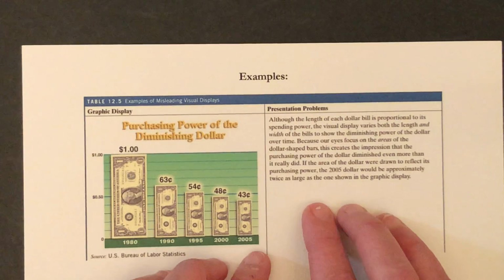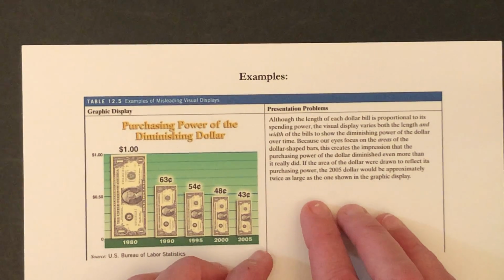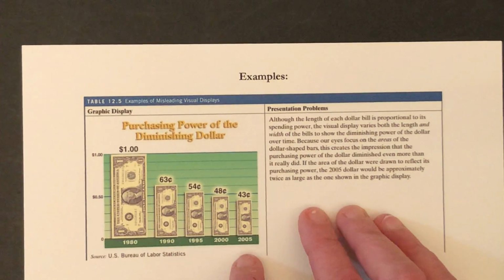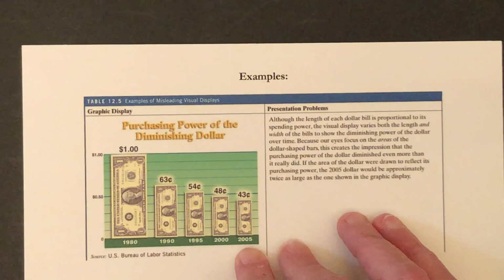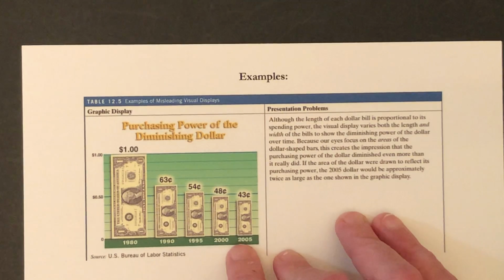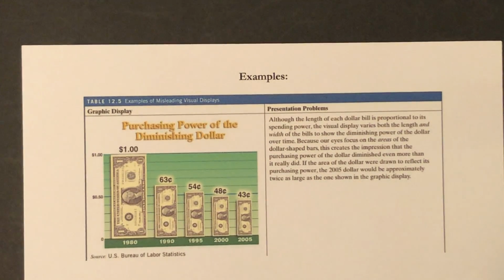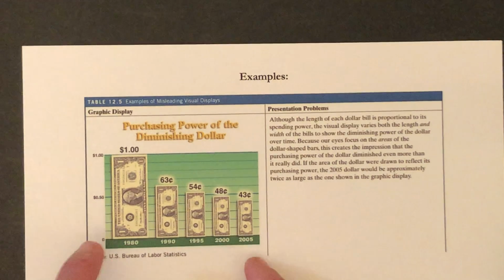In fact, it says if the area of the dollar for 2005 were really drawn appropriately by area, it would be twice as large as it is here. So by making that one tiny little adjustment, it makes the comparison look a lot worse than it actually is.